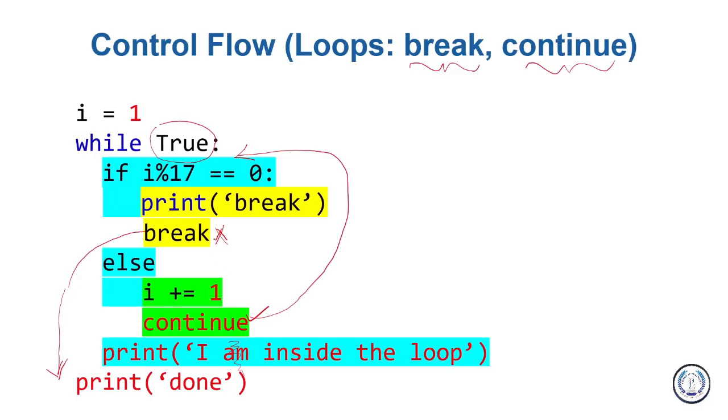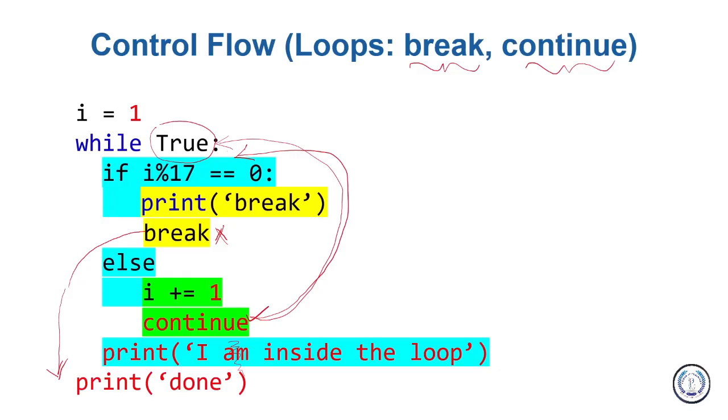This break exits the loop. This continue skips the remaining portion of the loop body and starts another iteration. So continue means start another iteration immediately, skipping the rest of the statements inside the loop body.